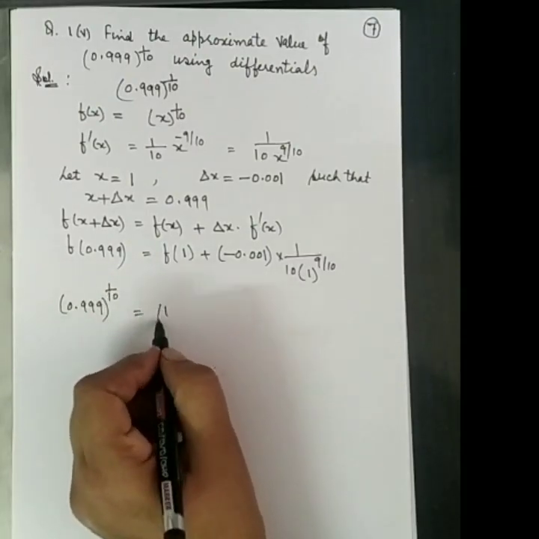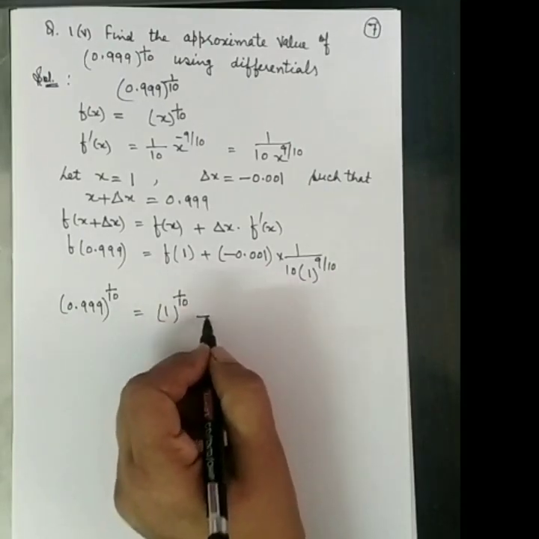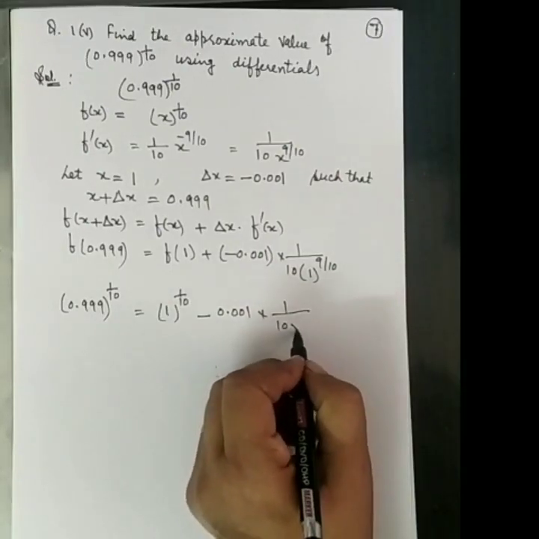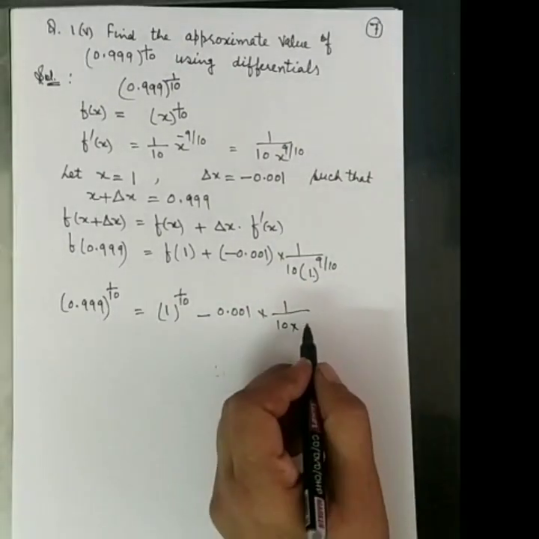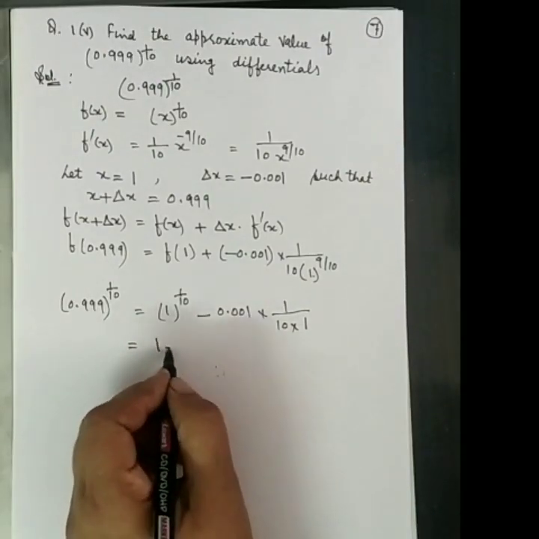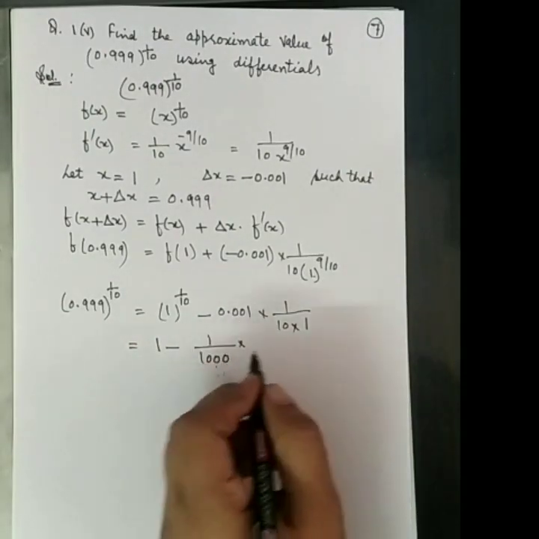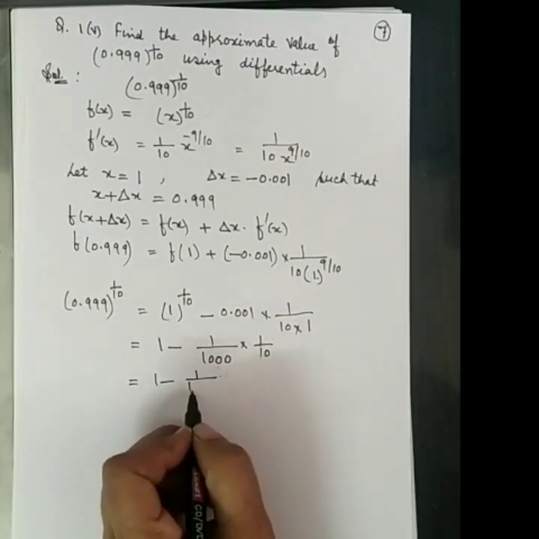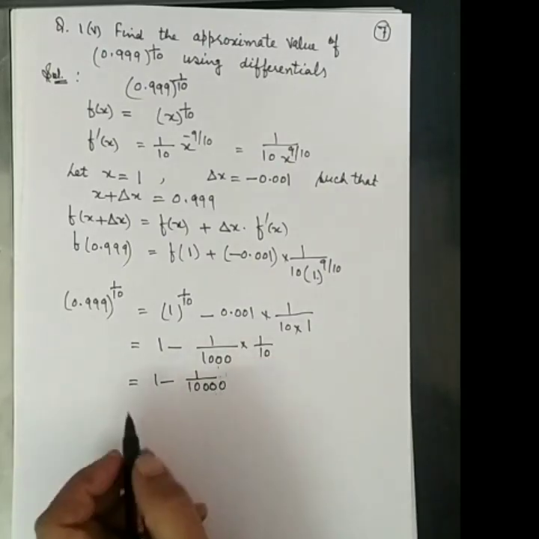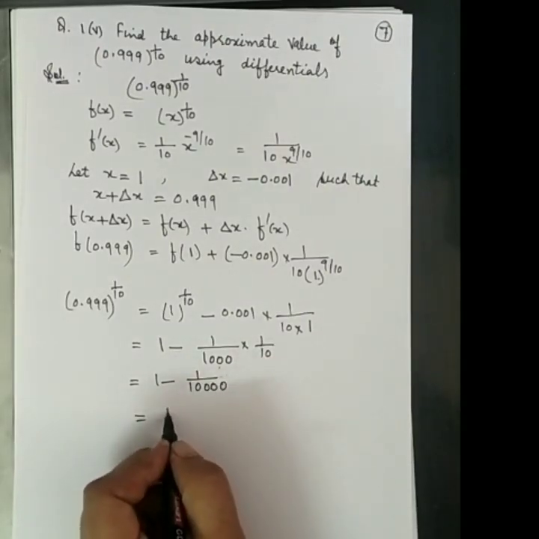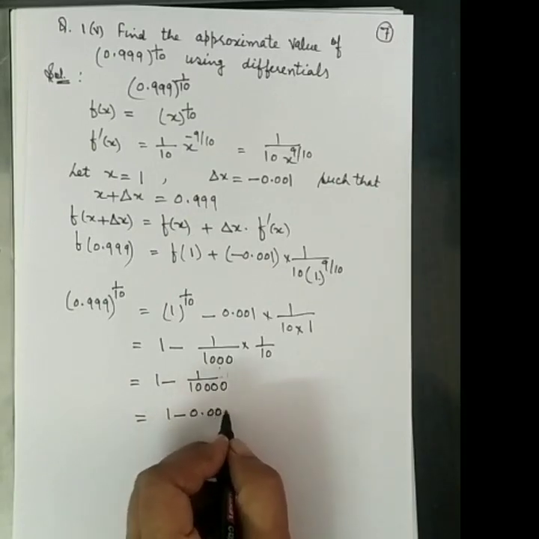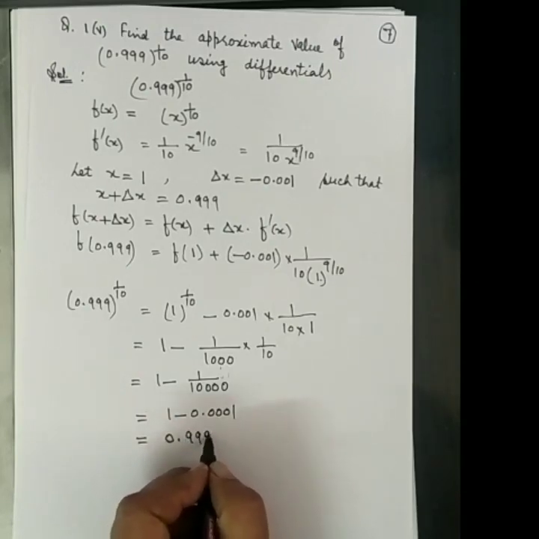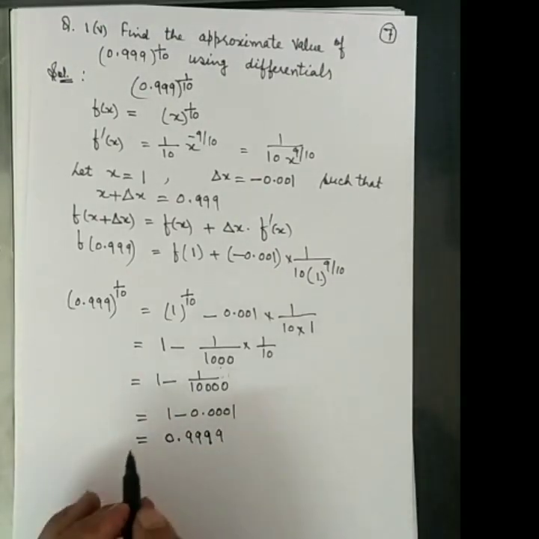It is 1 raised to power 1 by 10 minus 0.001 multiply 1 upon 10 into 1 raised to power anything, that will be 1. So it is 1 minus 1 upon 1000 multiply 1 upon 10. That is 1 minus 1 upon 10,000. It is 1 minus 0.0001, that will be 0.9999. Okay, this is your answer.